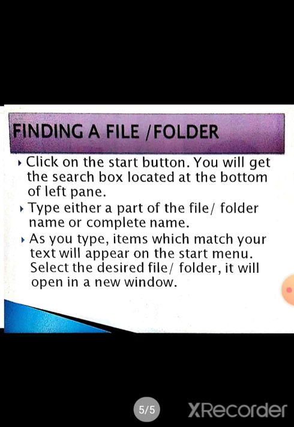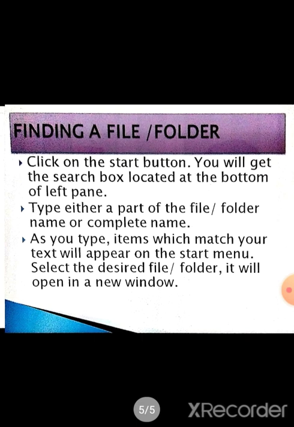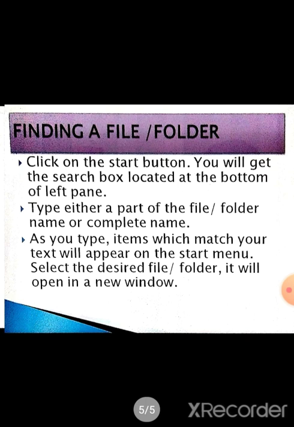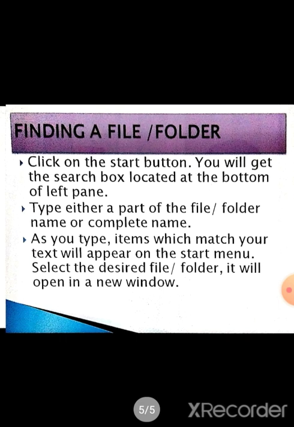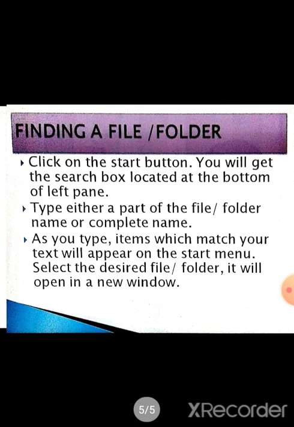So this is the simplest way. Just what you have to do to find any file or folder, simply click on the search box and write the complete name of the file. If you do not remember the complete name, just type any part of the name of that file, or you may write any paragraph or any sentence which is present in that file.